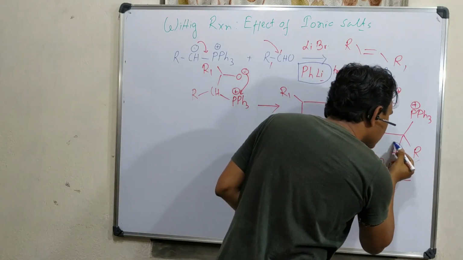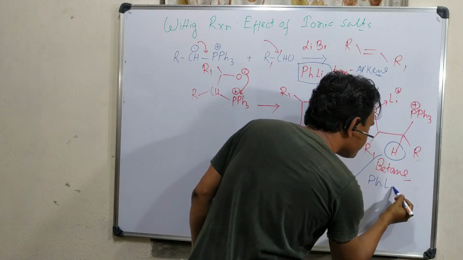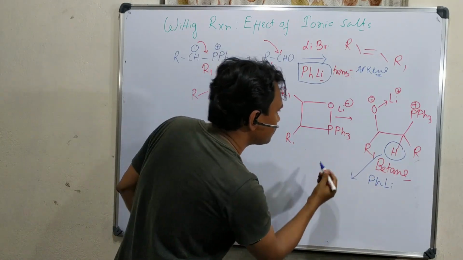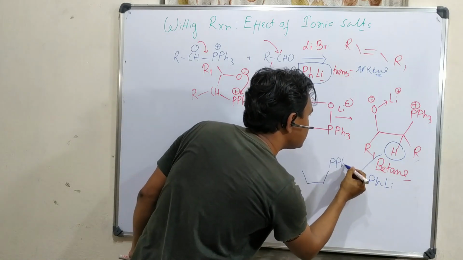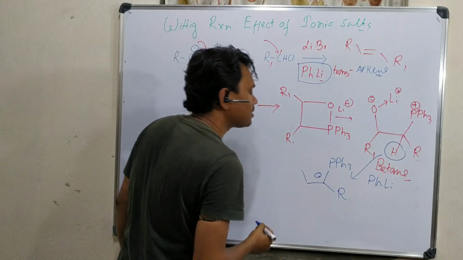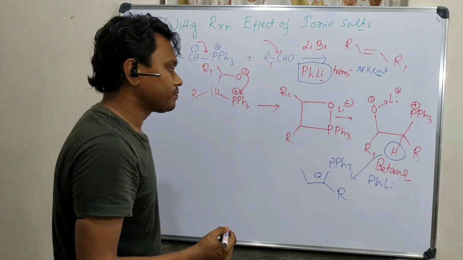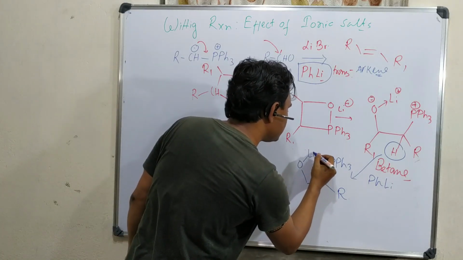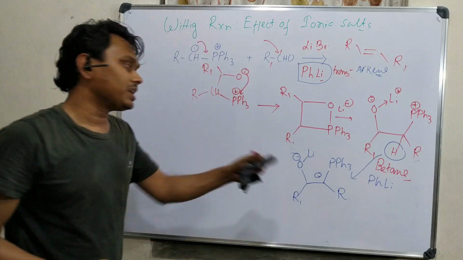So this proton is abstracted by this phenyl lithium, and another anion is generated, this anion, and this lithium is still coordinated. So this is R1, and this is the generated anion.